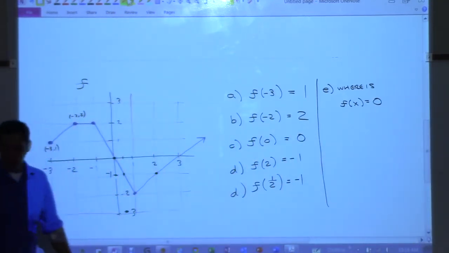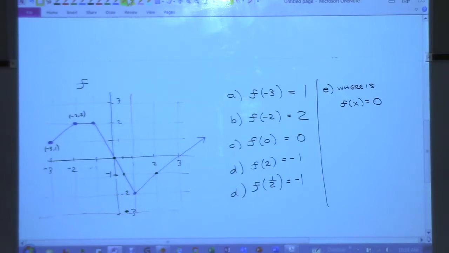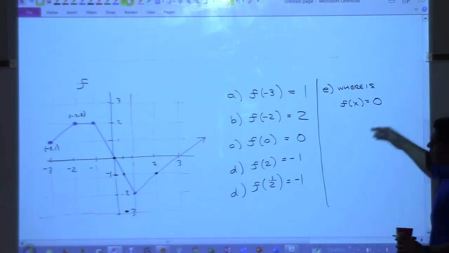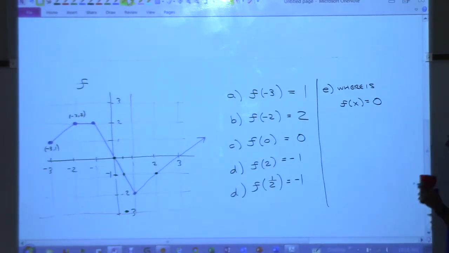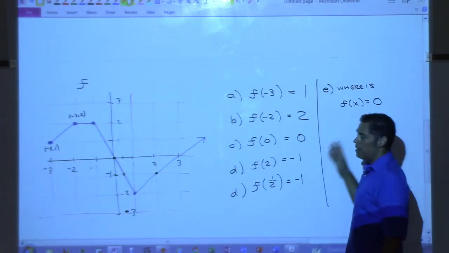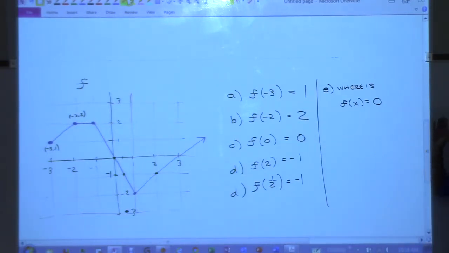Okay, Devin, right? What's different between part E and parts A through D? You have the x and then you have this other number. Okay, so here I gave you the x and asked you for the y. Here I'm giving you the y and asking you for the x.